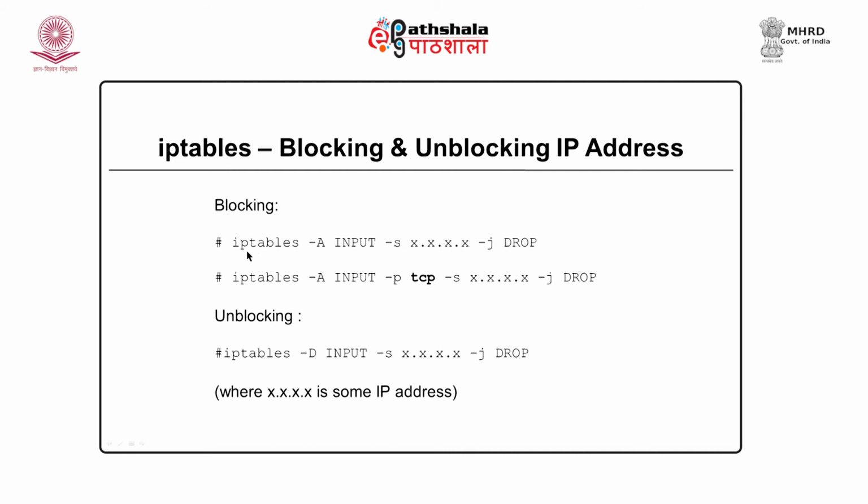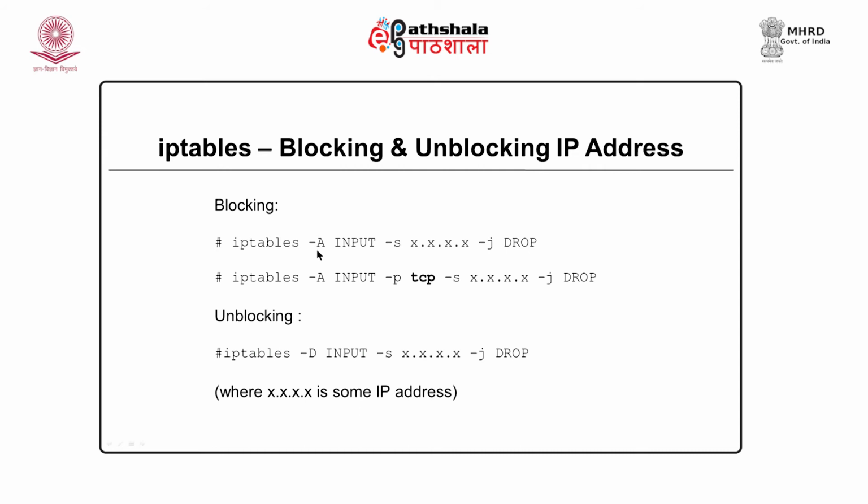Here you can see iptables -A INPUT, this is an input rule, and I am specifying the IP address. The X notation will be replaced by the IP address. Whatever IP address we give, the firewall will block access to that IP address. We can also specifically block TCP connections for a particular IP address. So, there can be various ways to block IP addresses.